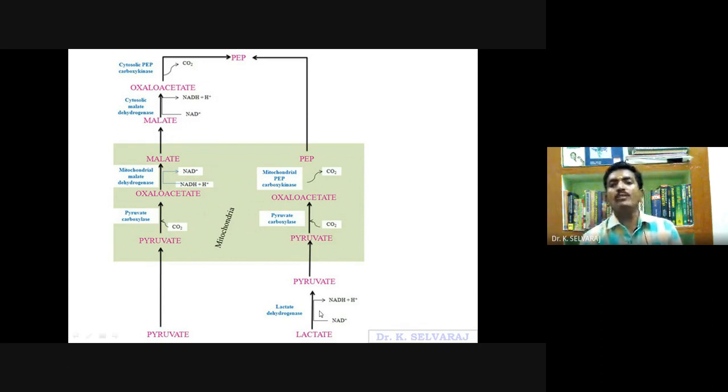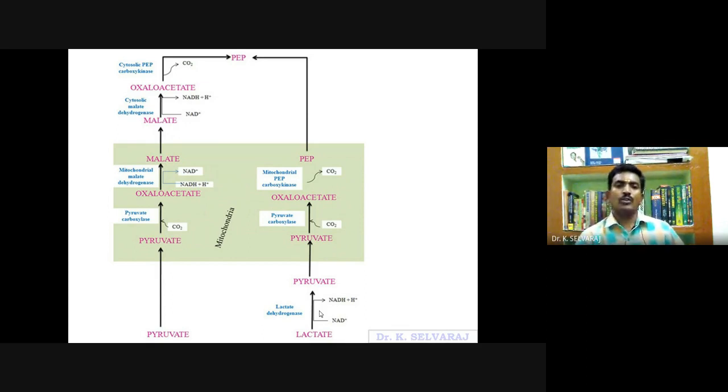So there is no need to convert the pyruvate into malate here, because the phosphoenolpyruvate may be synthesized directly in the mitochondria itself. After the synthesis, the phosphoenolpyruvate is transported to the cytosol. The first enzyme, pyruvate carboxylase, converts pyruvate into oxaloacetate.